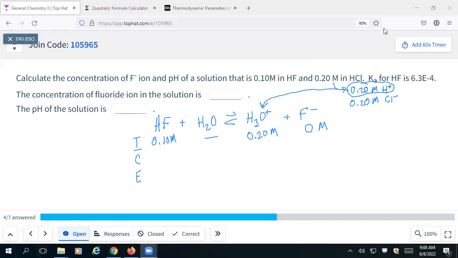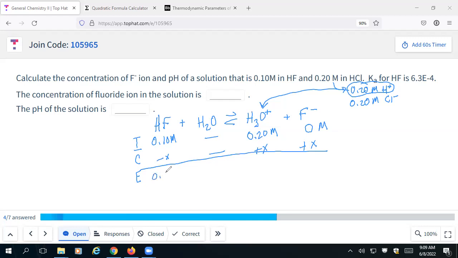All right, let's see how we're doing. So we've got the initial setup. We've got our ICE table set up with the initial line. We know that we're going to gain fluoride and we're going to gain hydronium and we're going to lose hydrogen fluoride.